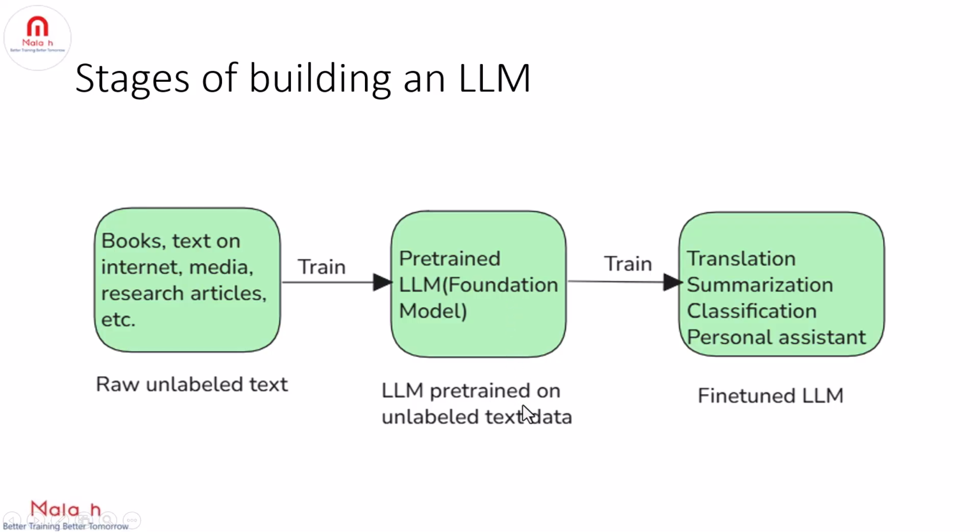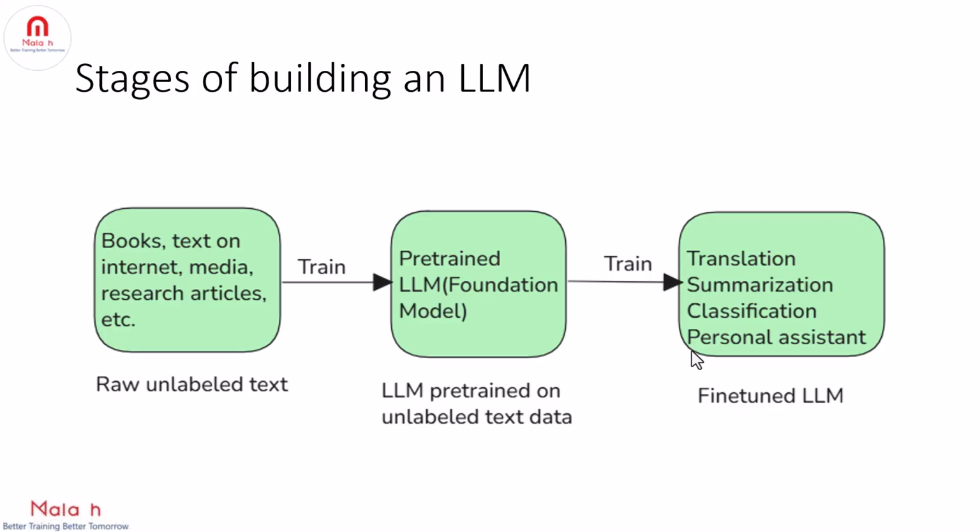And then fine-tuning the LLM on labeled data. So we take the labeled data to perform various tasks like text translation, summarization, classification, or personal assistant. That is, we provide the input as well as the output label data, that is, what is the input and what should be the output.